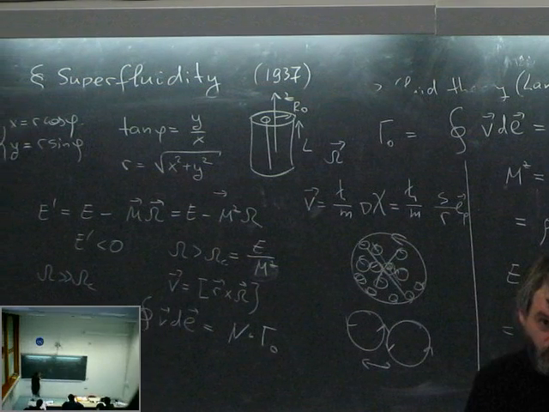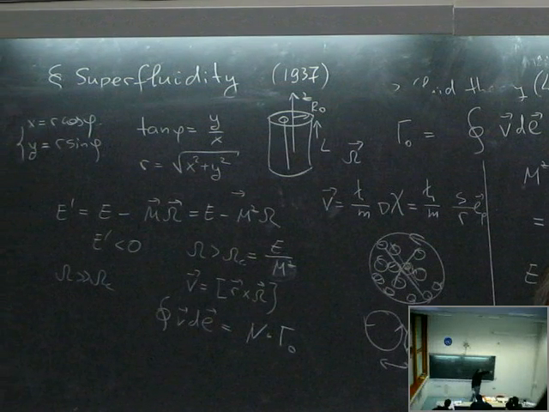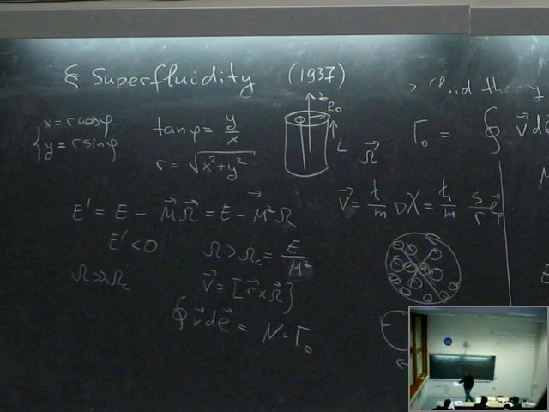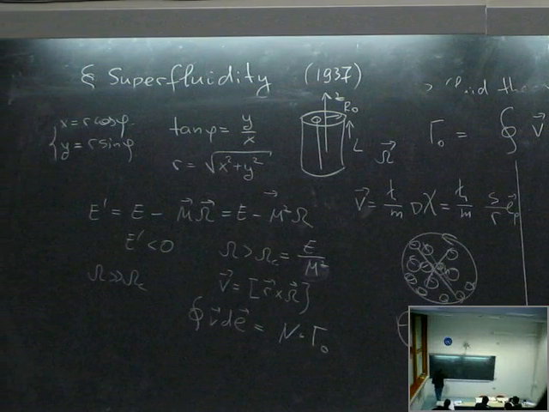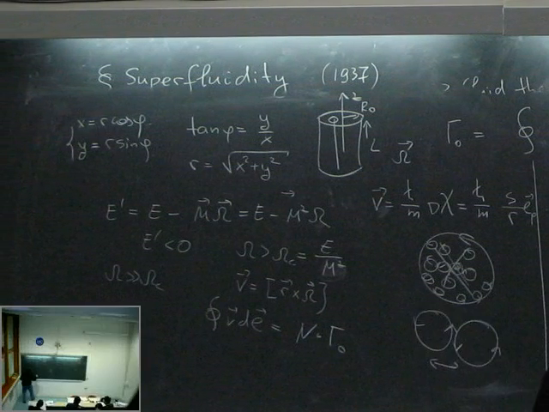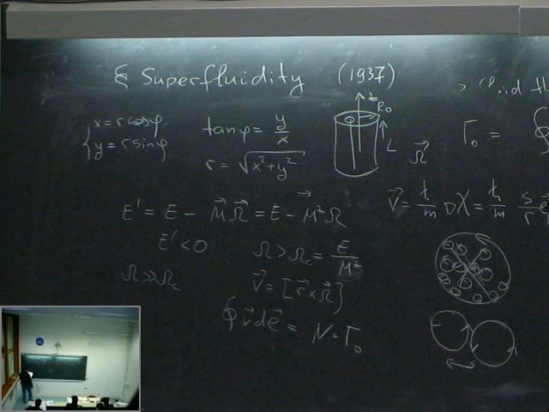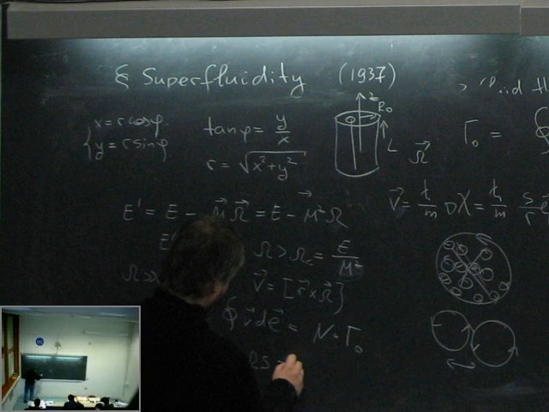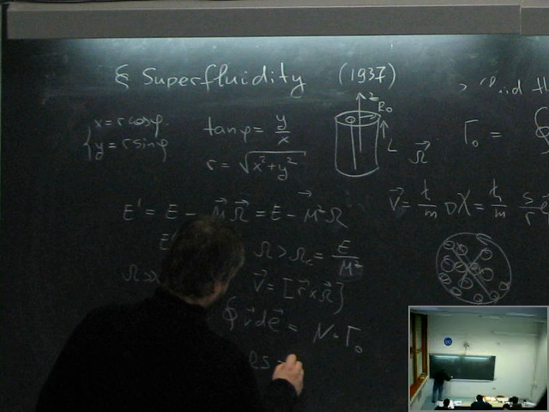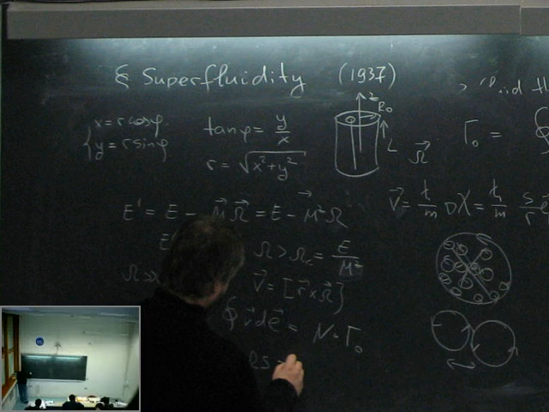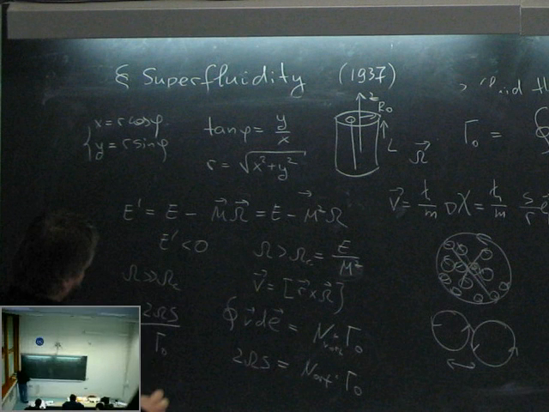Each of them carries Weidlich number n equal to 1. So the left hand side is equal to omega s, and this is n vort times gamma node. So your number of vortices is equal to 2 omega s divided by the circulation quantum.